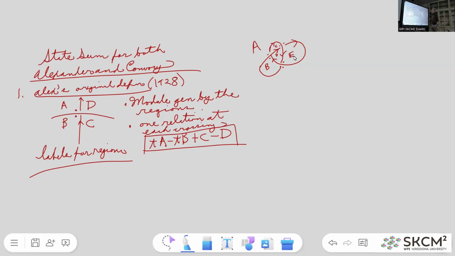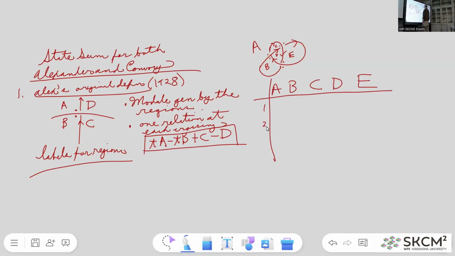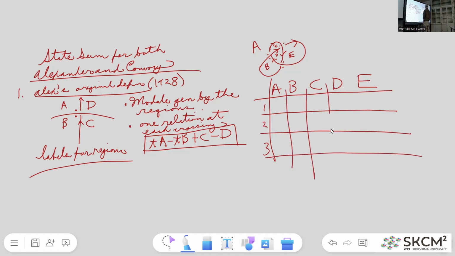So I'm going to write down this relational information in a matrix. This is crossing number one, this is crossing number two, and this is crossing number three.